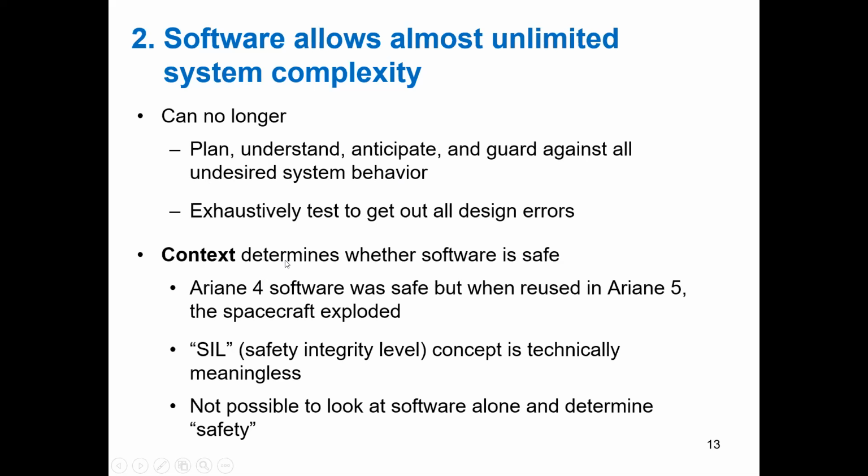Now, there's something I think it's important to notice. Context determines whether software is safe. The Ariane 4 software was safe, but when it was reused in the Ariane 5, the exact same software made the spacecraft explode. The software was not safe or unsafe. It all depends on the context in which it's used. So there are a lot of people who talk about safety integrity level, and they assign that to software, but it makes no technical sense.